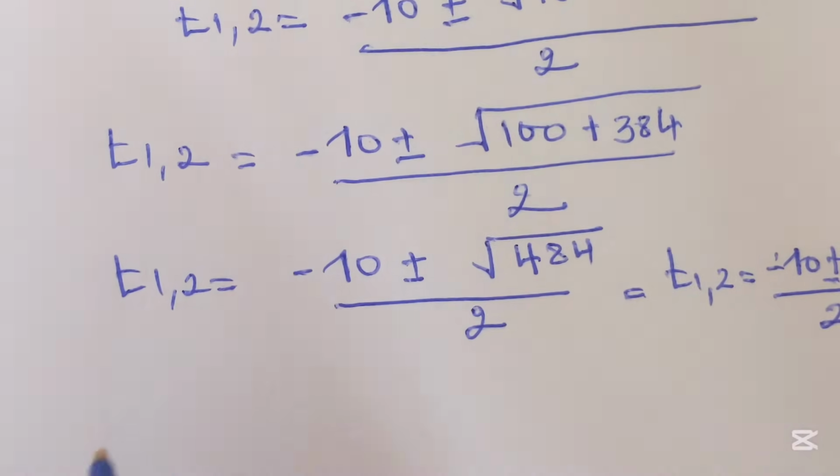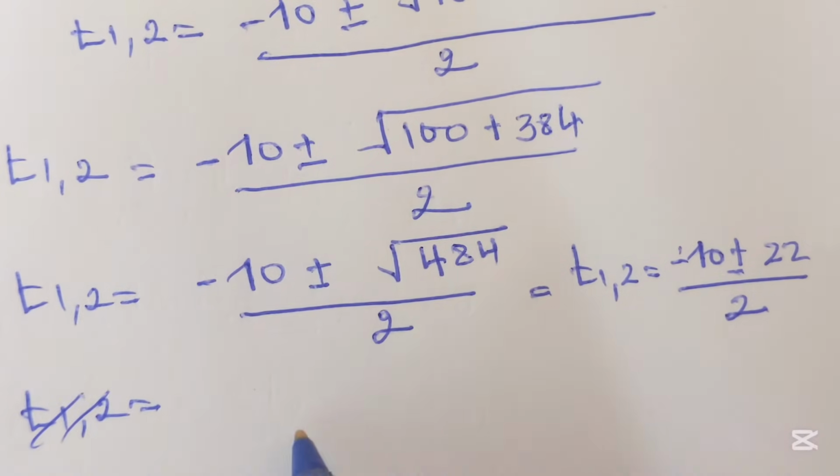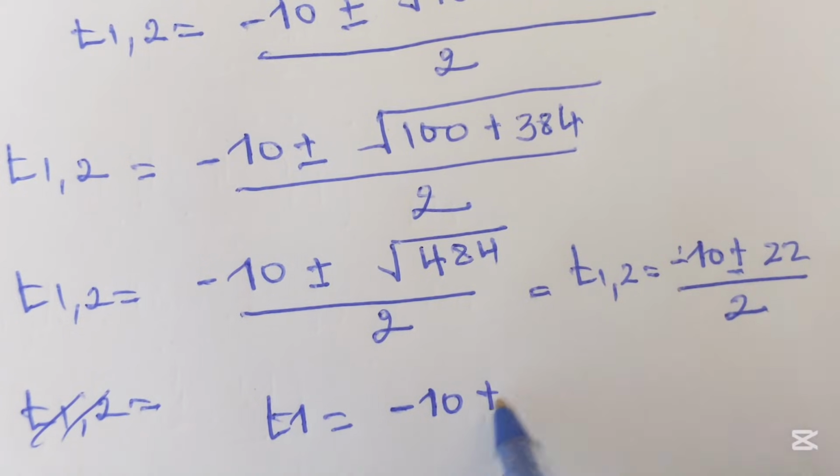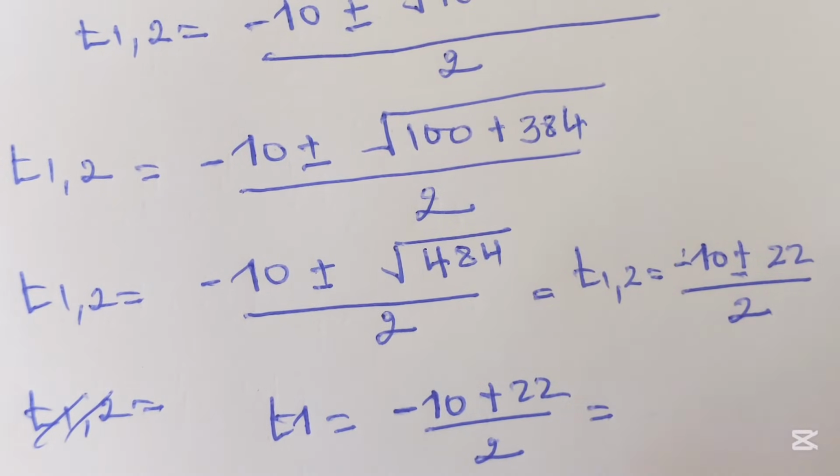Okay, now t1 and t2 will be, dealing with t1 only, negative 10 plus 22 over 2, whereas this will provide 12 over 2, which is equal to 6.